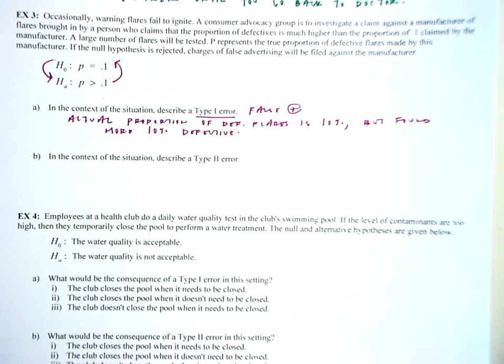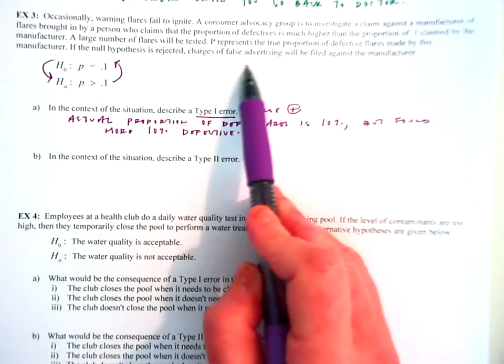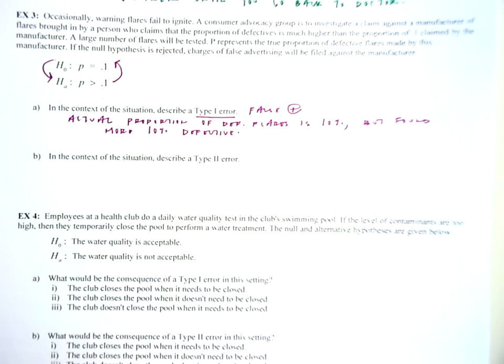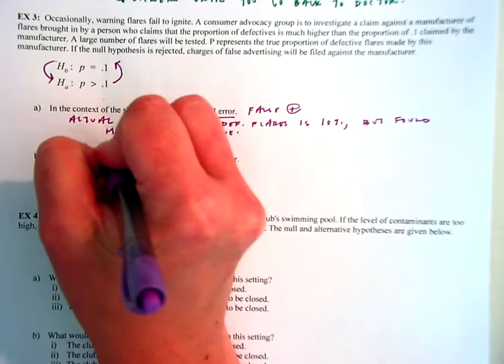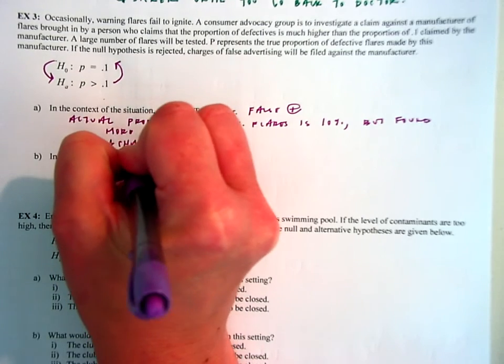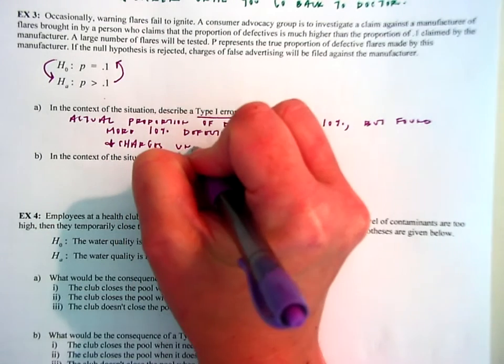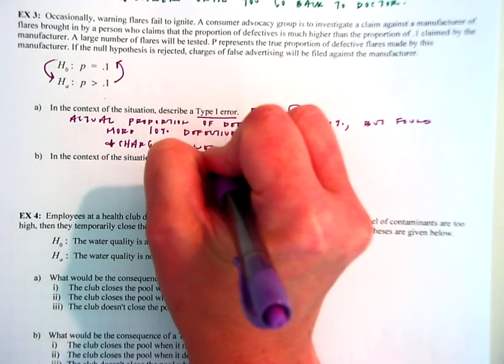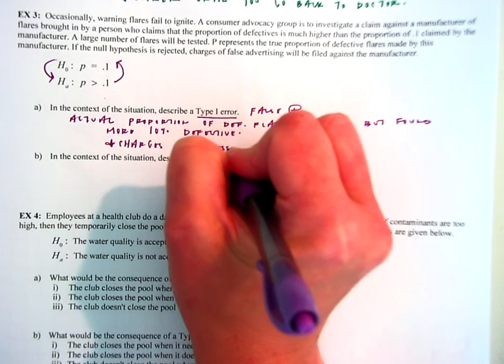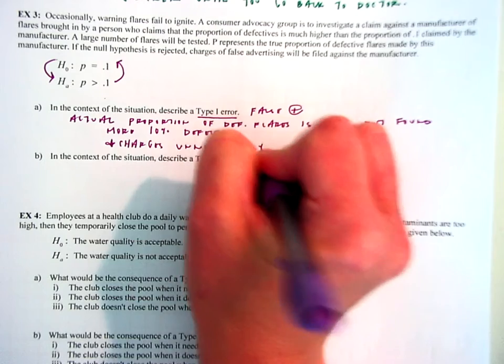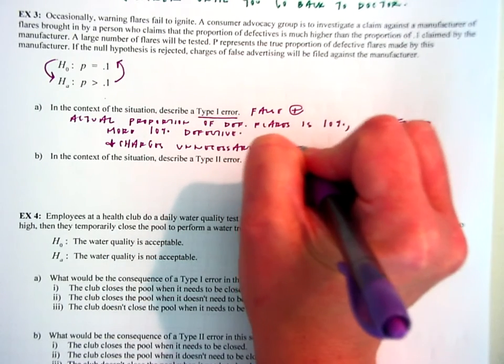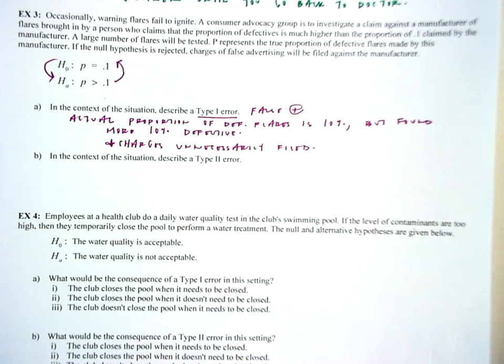So what would that mean? That would mean what it's saying here. We're going to have charges that are unnecessarily filed. We are mistakenly, unnecessarily filing charges against the manufacturer.